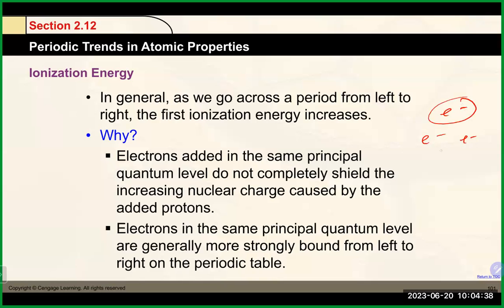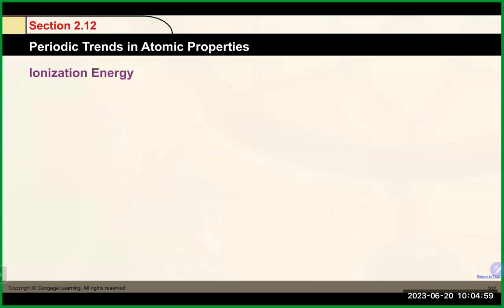This valence electron is shielded by these lower electrons, but electrons that are in the same energy level don't shield each other. So it's just the shielding that happens from electrons that may be in a lower energy level than themselves. And again, because of that much stronger attraction, only those valence electrons really are the ones that get popped off.